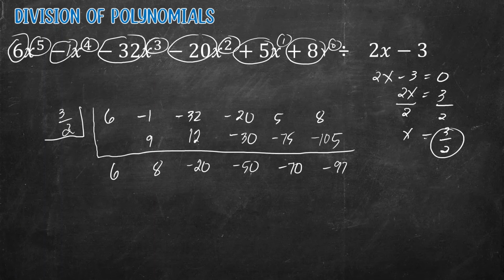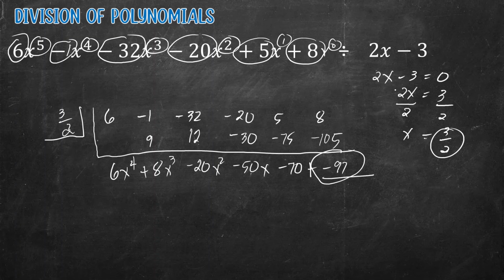Okay. So, ito na yung final answer natin. We will now put our variable na x. So, itong negative 97 is our remainder. So, we have 6x to the 4 plus 8x cubed minus 20x squared minus 50x minus 70 plus negative 97 over, yung divisor natin is 2x minus 3.